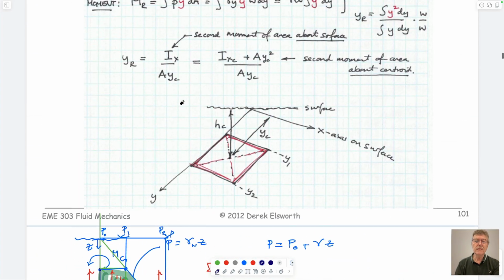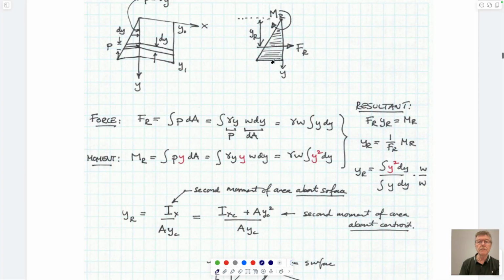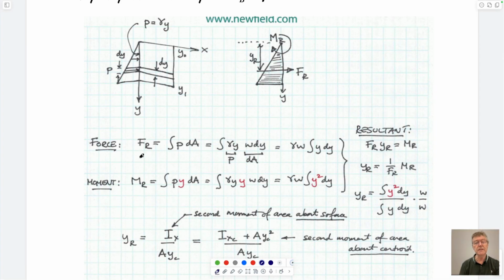This is a summary of what we did last time. You remember that what we did was we want to calculate the resultant force, and we said the pressure at a particular point is equal to the depth of that point below the surface, and we're multiplying it by the area of a stripe on this. So a differential stripe across this is what we're representing.